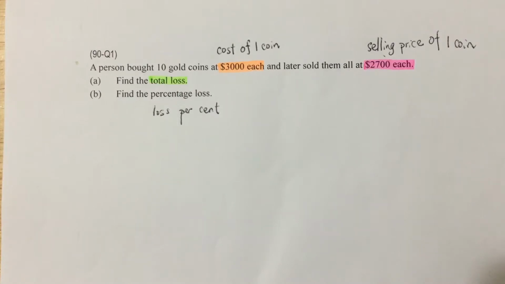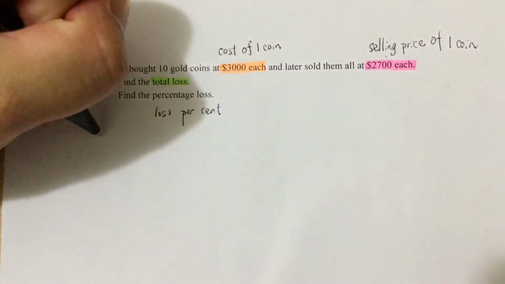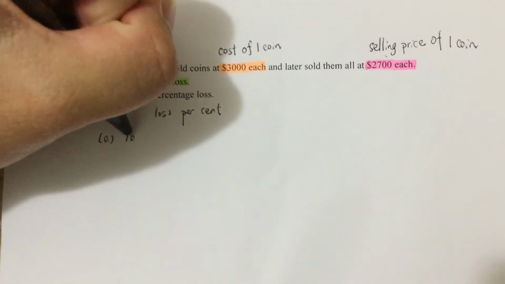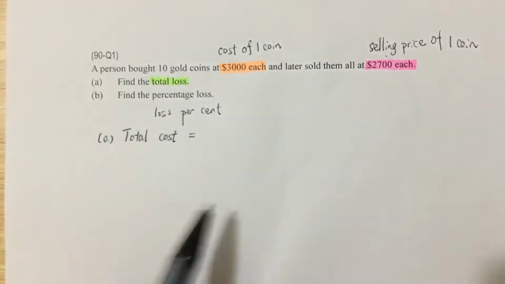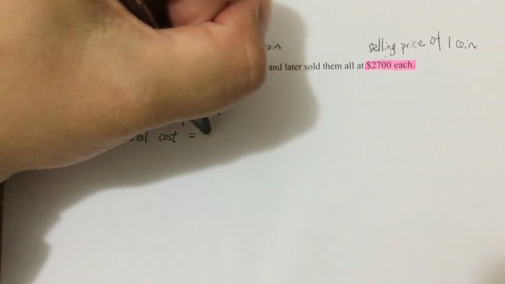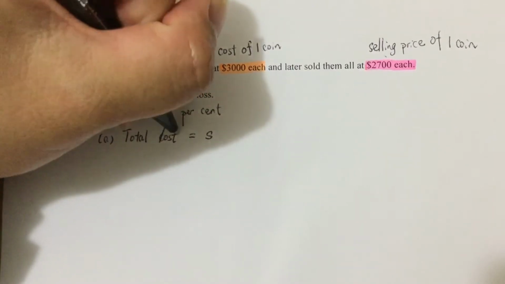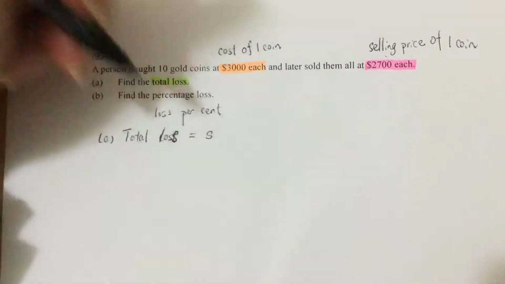Okay, now we will discuss the answer for you all. For part A, you must write down A, total loss.